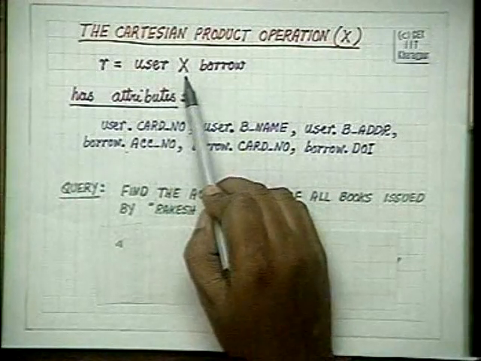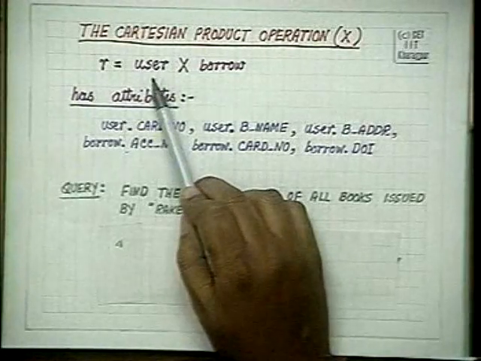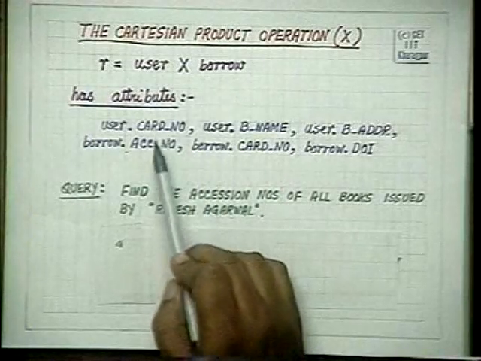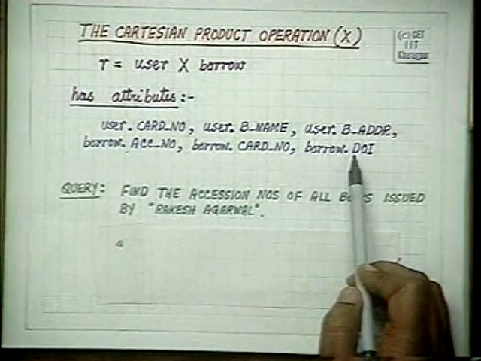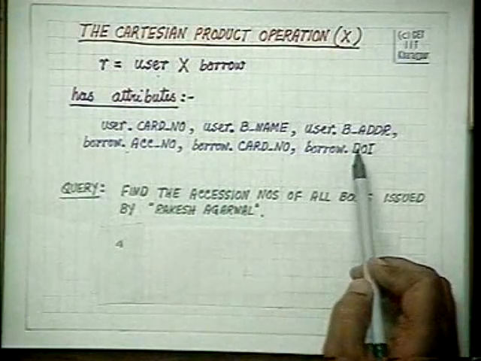So this relation will now have 6 attributes. This has 3 attributes, this has 3 attributes, so it has 6 attributes.